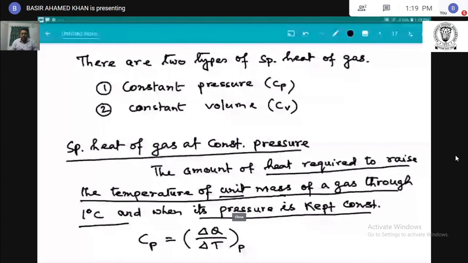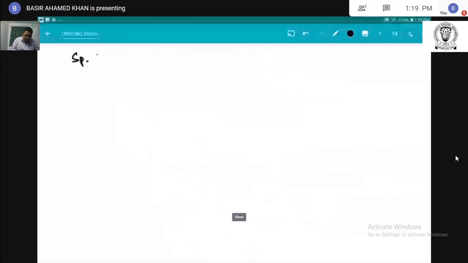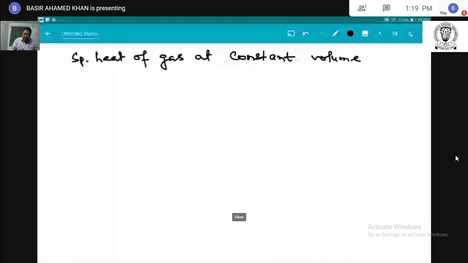Now, the specific heat of gas at constant volume. This is Cv. The definition is all the same, only its volume is kept constant.